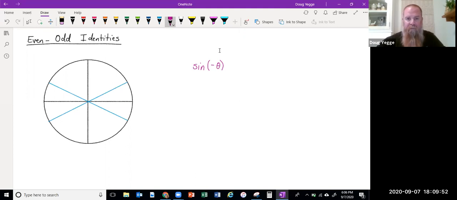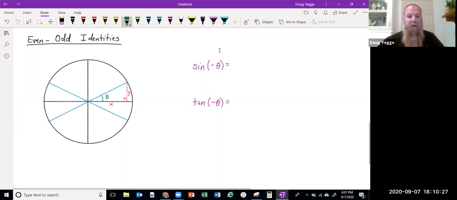So if we take a look at a few of these, sine of negative theta or tangent of negative theta and so on, we want to be able to look at this diagram or look at the unit circle in order to determine what the values of these are going to be. So the way we're going to start this is by looking at a particular angle from the positive x-axis referred to as theta. Now, one thing that we should recognize about this angle is that by looking at this triangle, this is my x coordinate and this is my y coordinate.